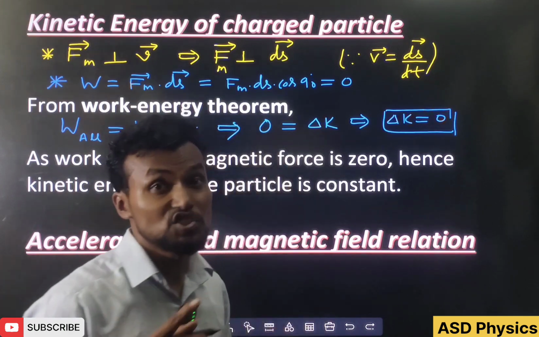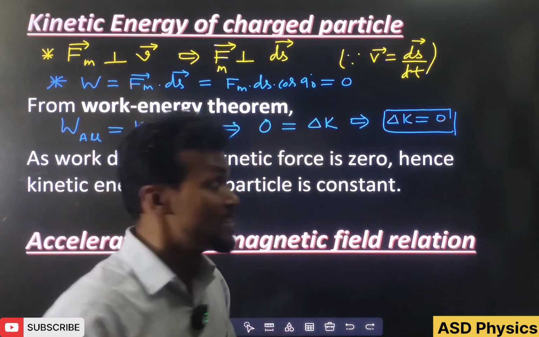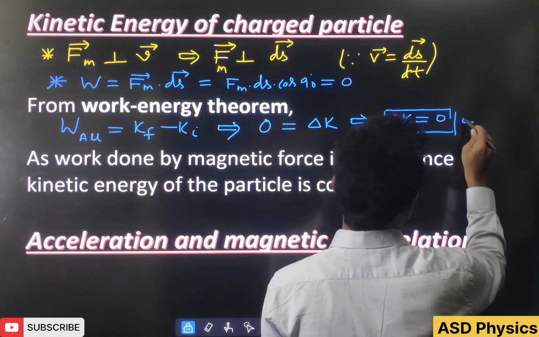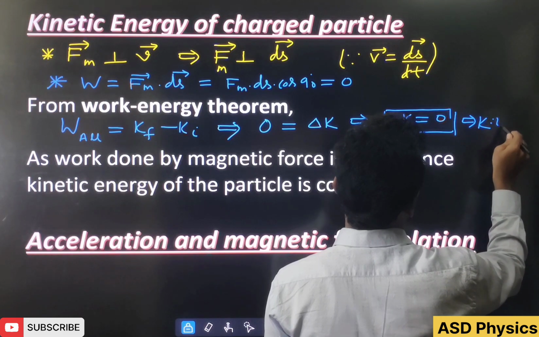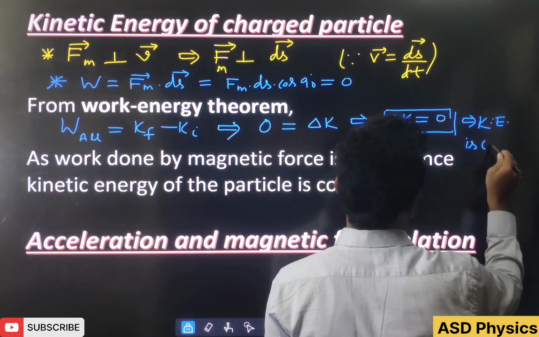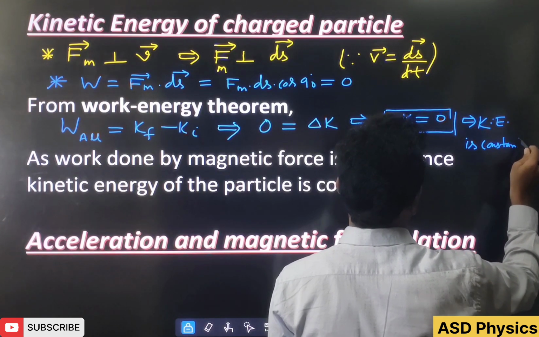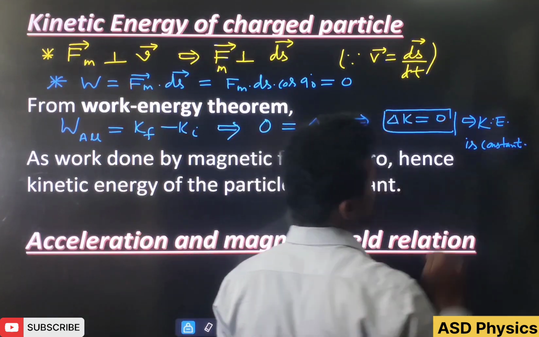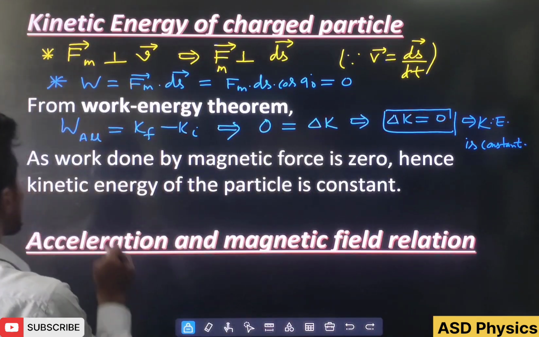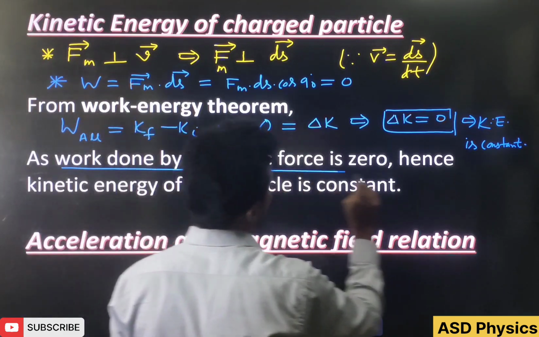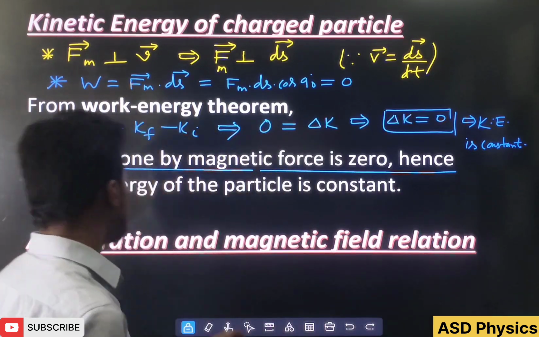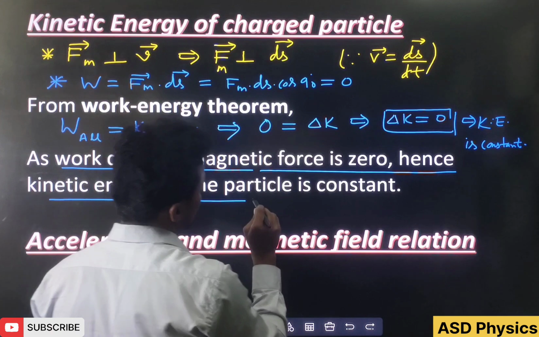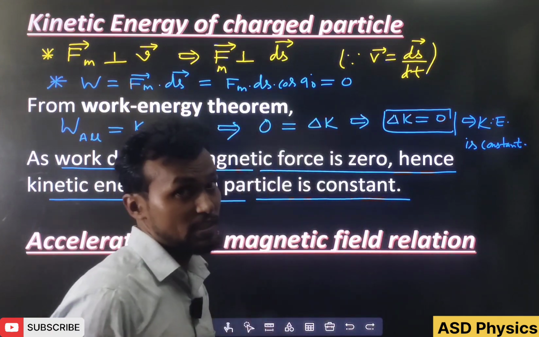That means change in kinetic energy is 0, or we can tell that kinetic energy is constant. So whenever a charged particle moves in a magnetic field, its kinetic energy will be constant. Remember that. As work done by magnetic force is 0, hence kinetic energy of the particle is constant.